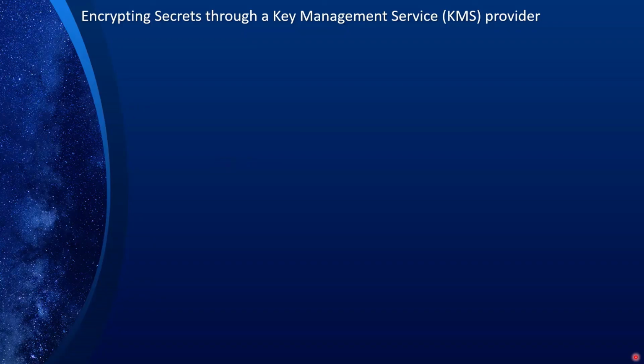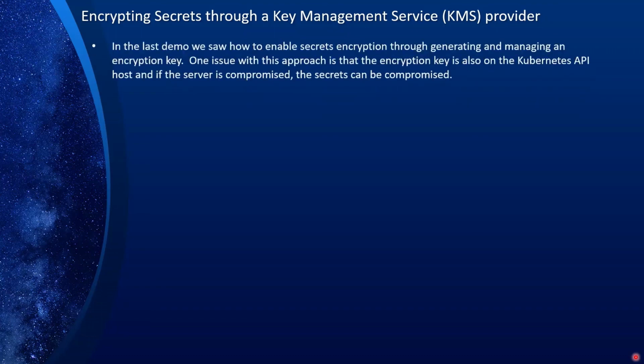Before ending this video, and for the sake of completeness, I want to talk about another way that you can encrypt secrets in Kubernetes, which is to take advantage of a key management service provider. In the last demo, we saw how to encrypt data by generating a key on the API server, and then use that key and have Kubernetes encrypt the secrets.